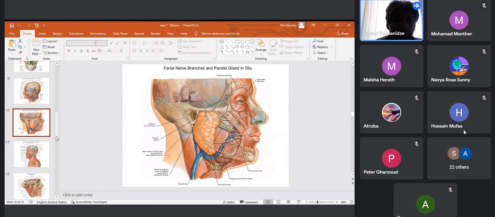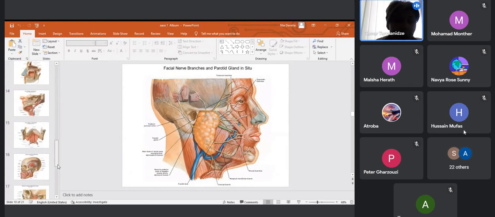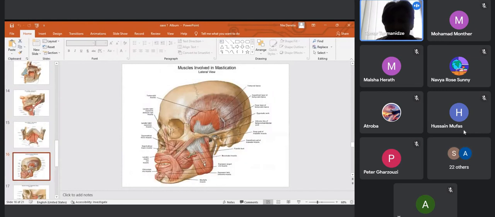This is shown on this picture, and this is the masseter muscle. It is one of the muscles of mastication, which is attached to the outer surface of the ramus and the angle of the mandible. So it originates from the zygomatic arch and is attached to the outer surface of the angle and the ramus of the mandible.